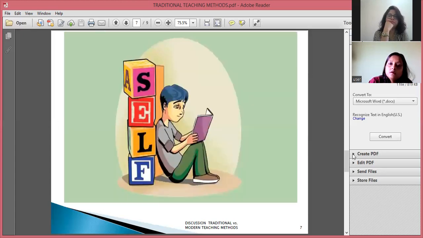The next method is self-learning. You can see that the boy is sitting and self-learning.